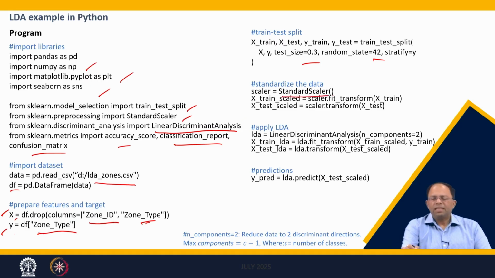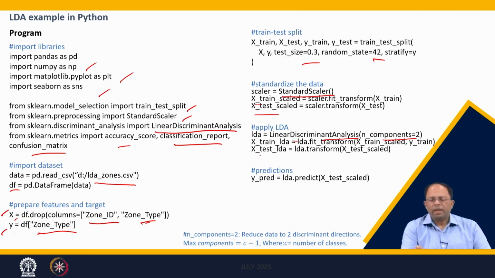We first scale the data using standard scaler, so both x train as well as x test are transformed after using the standard scaler. And then finally we call the linear discriminant analysis function, where we set the total number of components to be 2. That means there will be two directions, or two dimensions of projections.